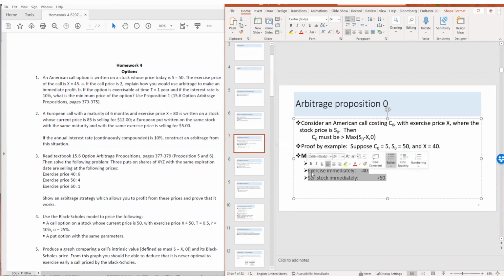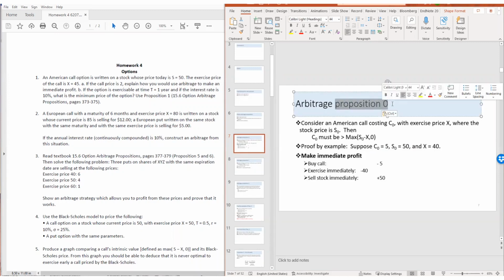So sell the stock immediately, exercise the call option, you have $10 gain. And subtracting the cost for implementing the strategy, which is buying the call, subtracting 5, you will have a $5 positive gain with no risk. Everything will be done simultaneously and also immediately. So there's no risk exposure, but a positive profit.